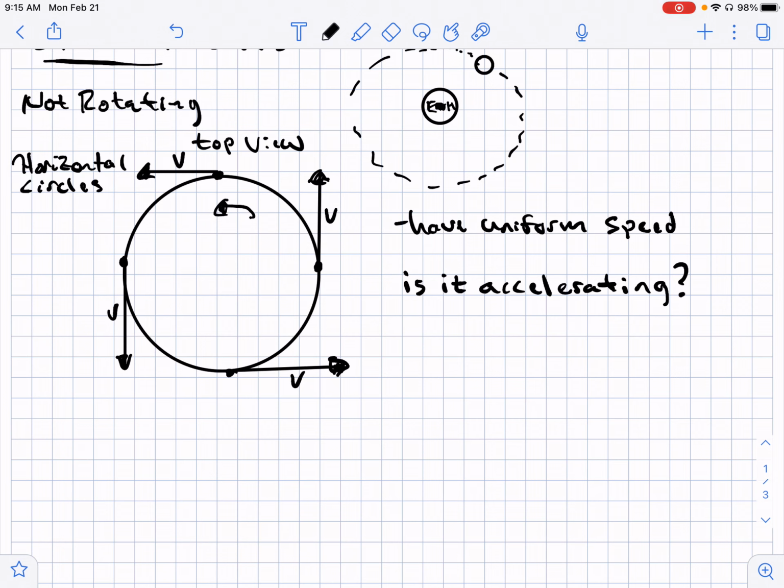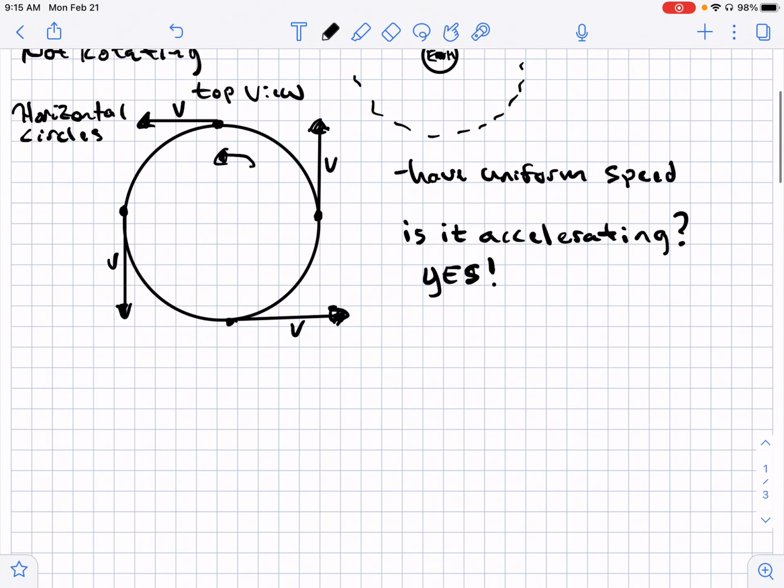So the answer to this question is yes, because your direction is constantly changing. Because the direction is constantly changing, this object in circular motion is accelerating.